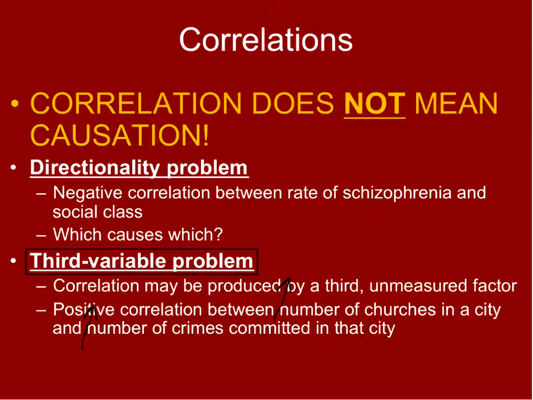Doesn't even have to do with churches being easy targets for theft. Why do we have so many churches? Larger populations, yes. So it's population size that's the driver here. Generally speaking, where you have larger populations, you tend to have both more churches and, generally speaking, you tend to have more crimes. Okay?